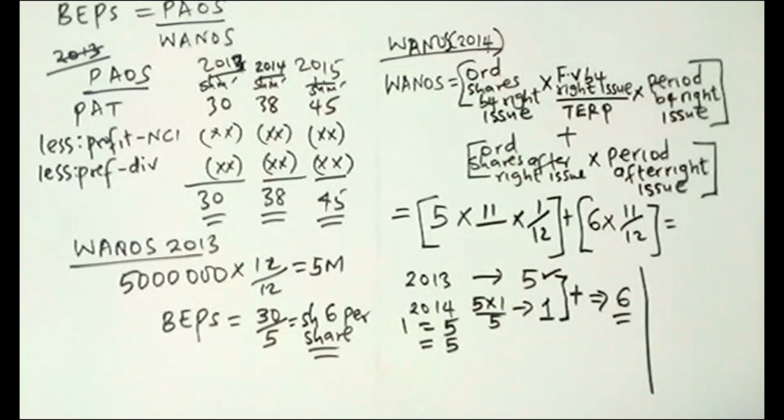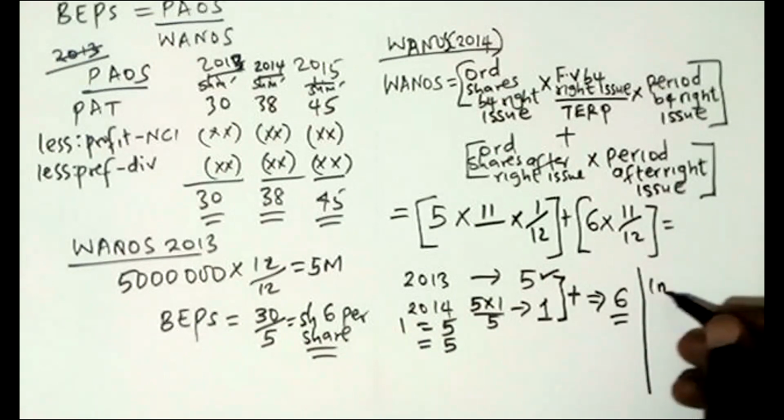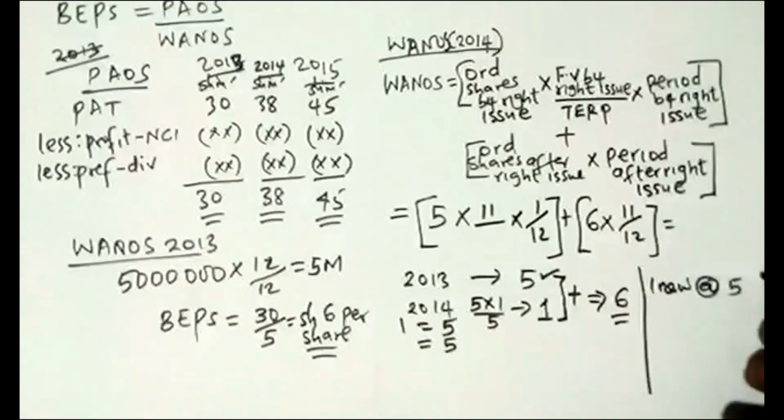To look for the theoretical exercise price, remember that we use the proportion. The proportion was 1 new at 5. The price of the right issue was 5.